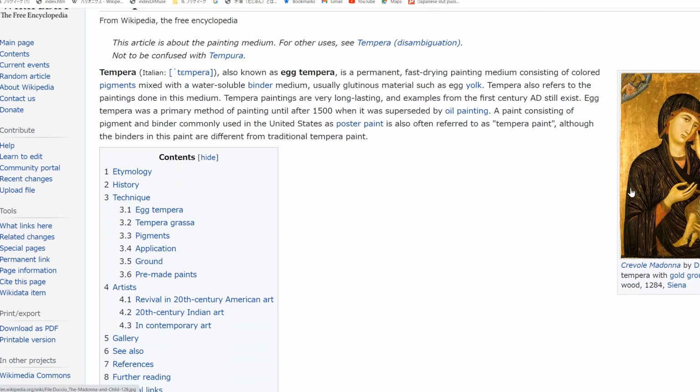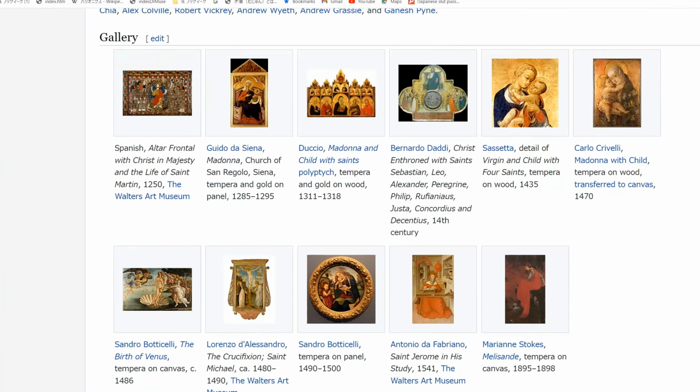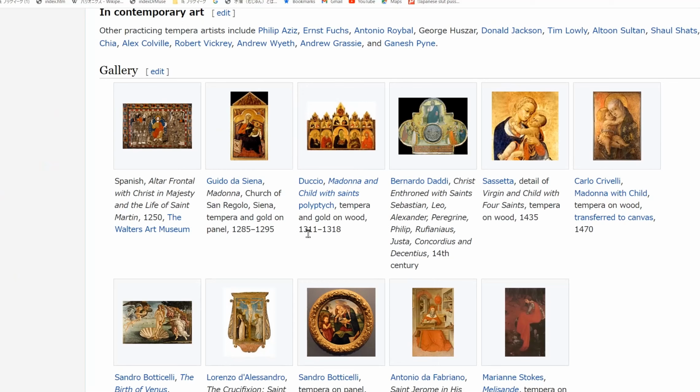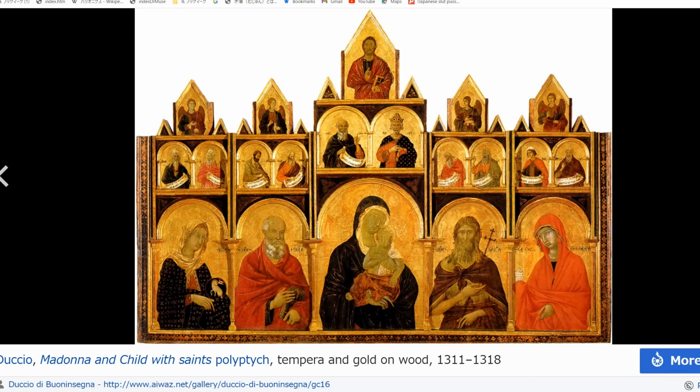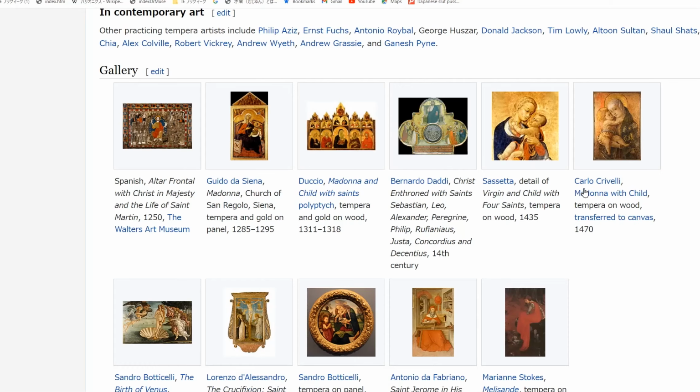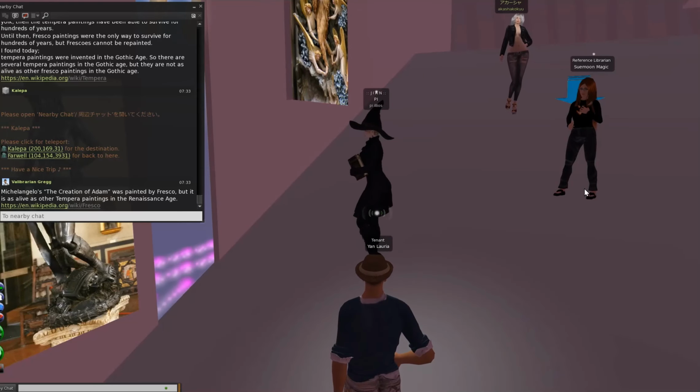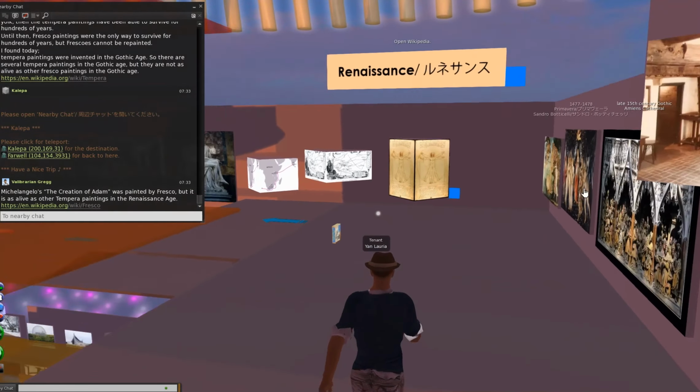So this is tempera painting in the Gothic age. As an example, three paintings are tempera paintings. Here, and this, and this. They are not different from other Gothic fresco paintings, not attractive. Then back to the second viewer. Come on, please.